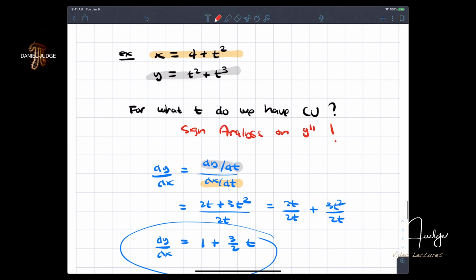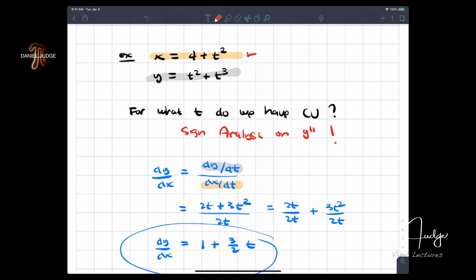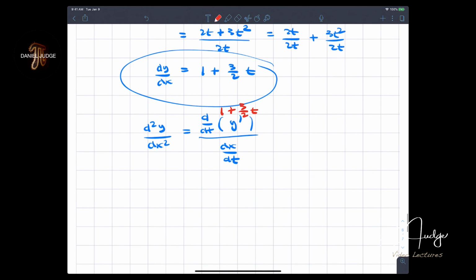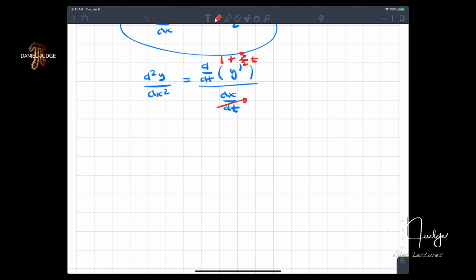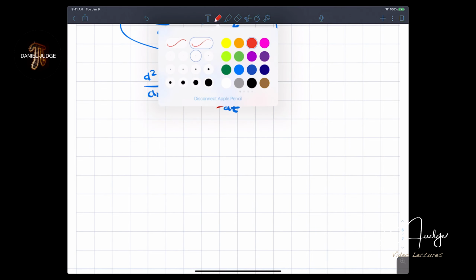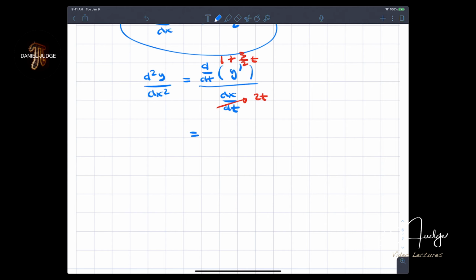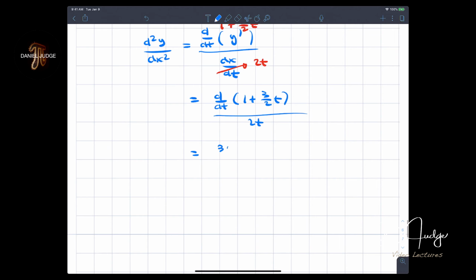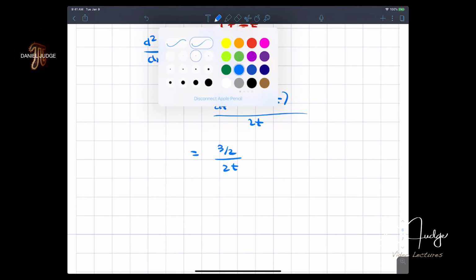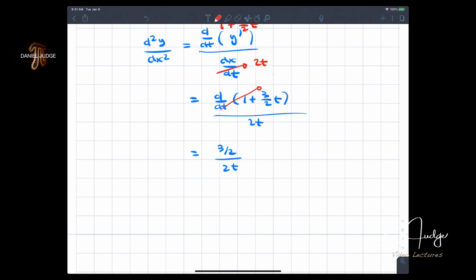I think it's 2t. Right here, dx/dt is 2t. Replace that with 2t. So you're saying, do I have to differentiate 1 plus 3/2 t, keep that over 2t? The answer is yes. So we get 3/2 over 2t, because this derivative here is 3/2.